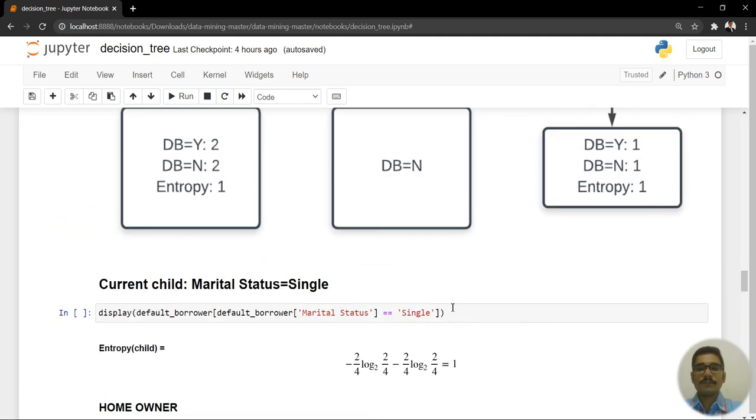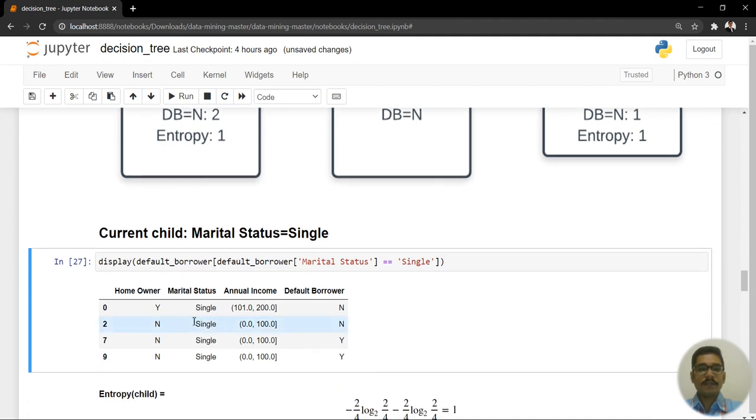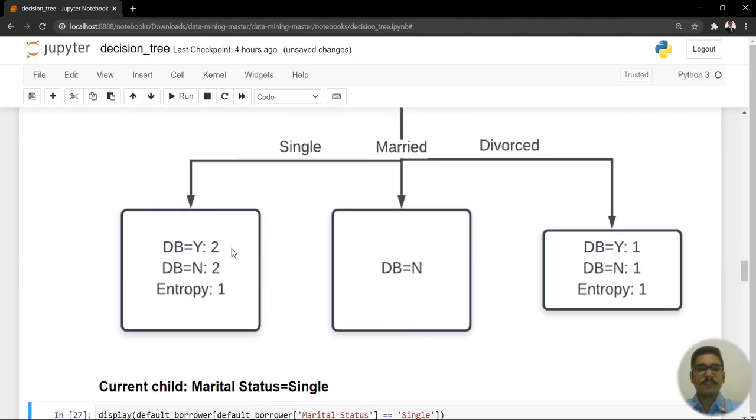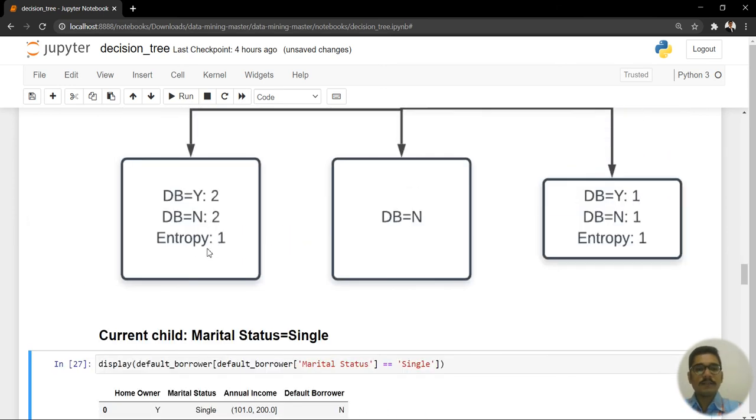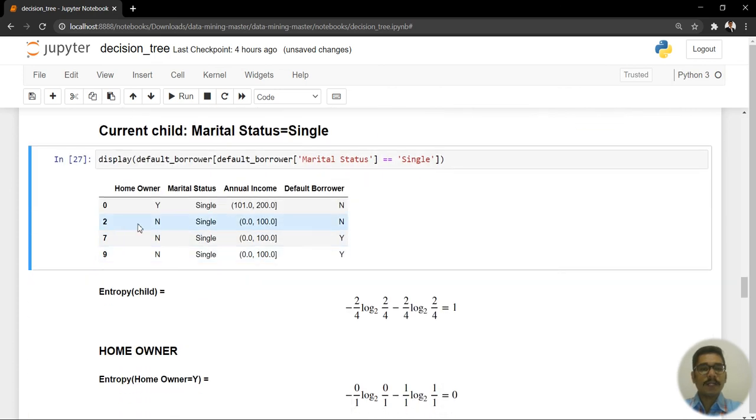Okay, so if I run this, you can see there are two yes classes. Oh, sorry. This is defaulted borrower, 2 yes classes, 7 and 9, and 2 no classes, that is 0 and 2.